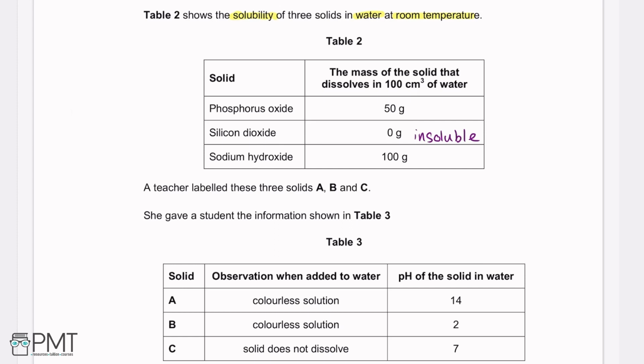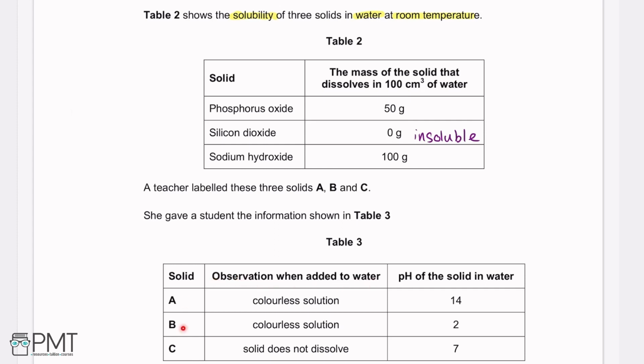The teacher labelled these 3 solids A, B, and C. She gave a student the information shown in Table 3. So in Table 3, we've got solid A, B, and C, and then we've got the observation when added to water.